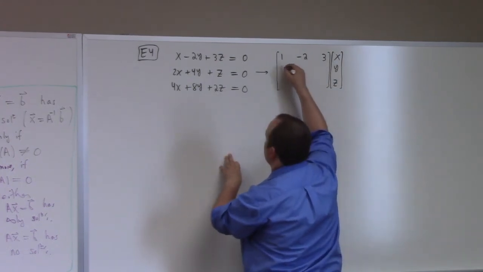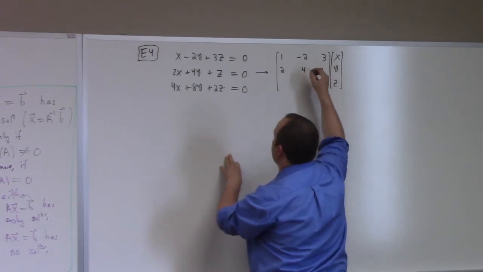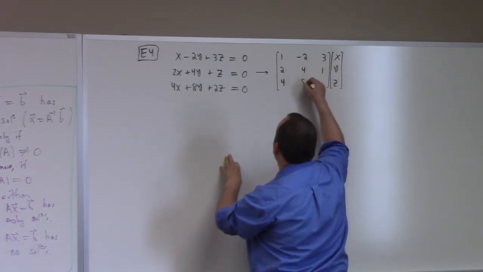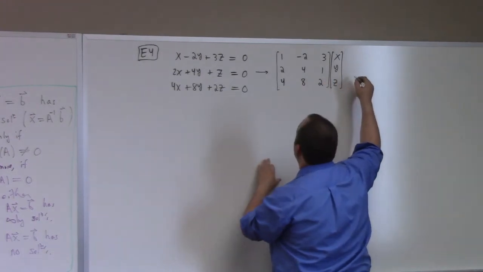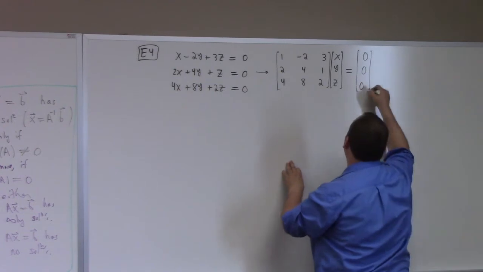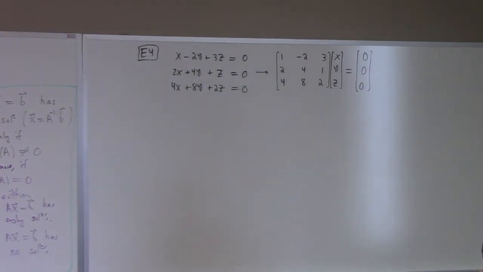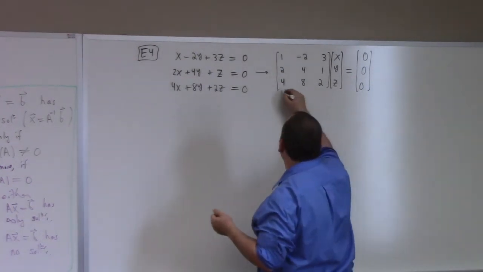What do you got? We got 2, we got a 4, 1, we got a 4, an 8, and a 2, and that's equal to 0, 0, 0. So this is my matrix of coefficients, and this is a homogeneous problem.